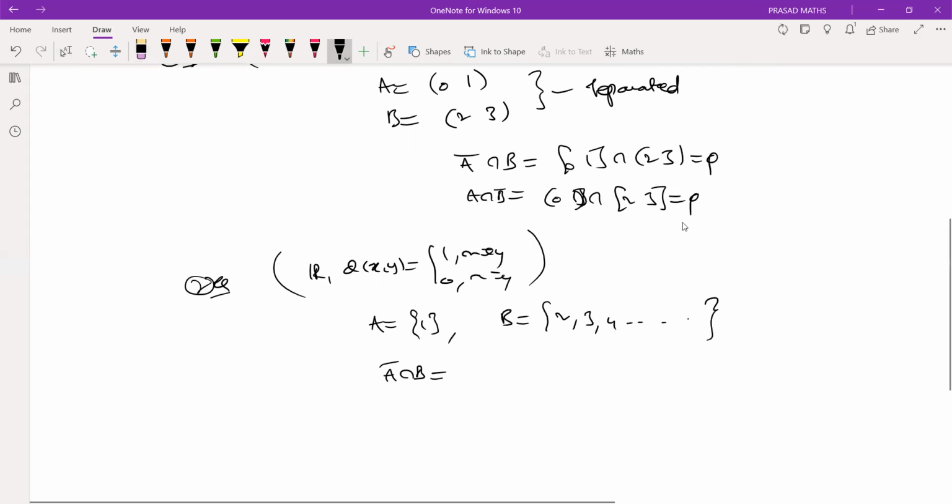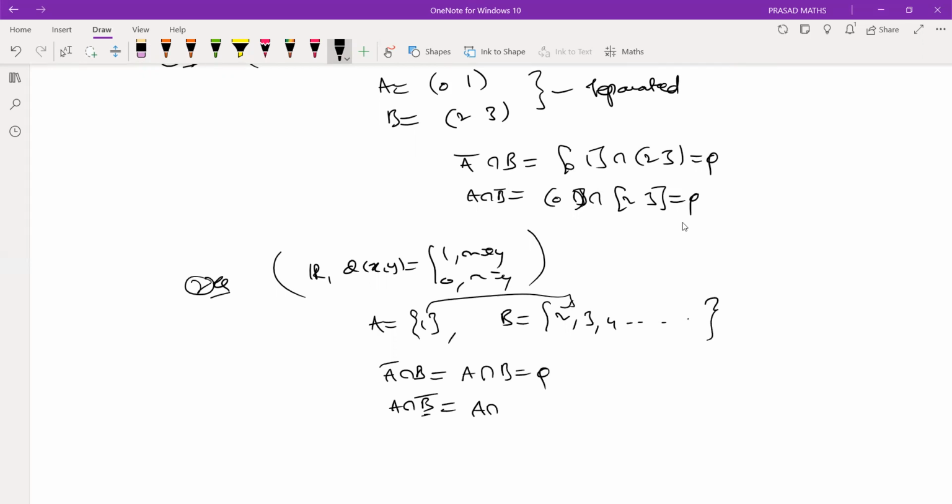Intersecting with B, you know these two are disjoint sets, therefore empty. Similarly, A intersection B closure: B is a closed set because any set in a discrete metric space is closed. Once it is closed, its closure is itself. Therefore A intersection B closure is empty, and these two are separated sets.